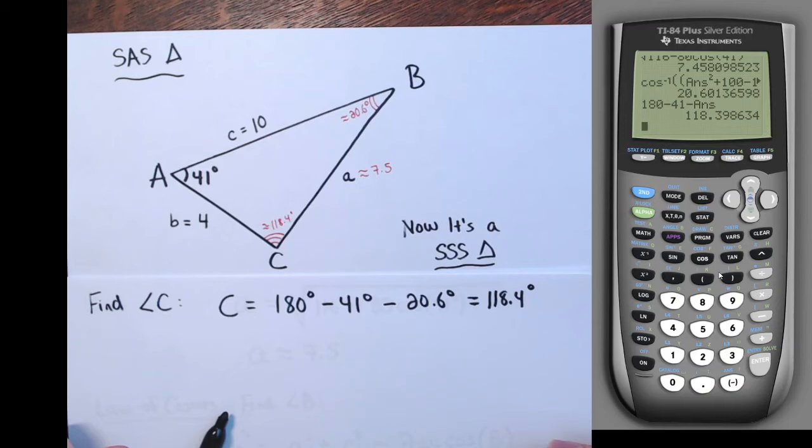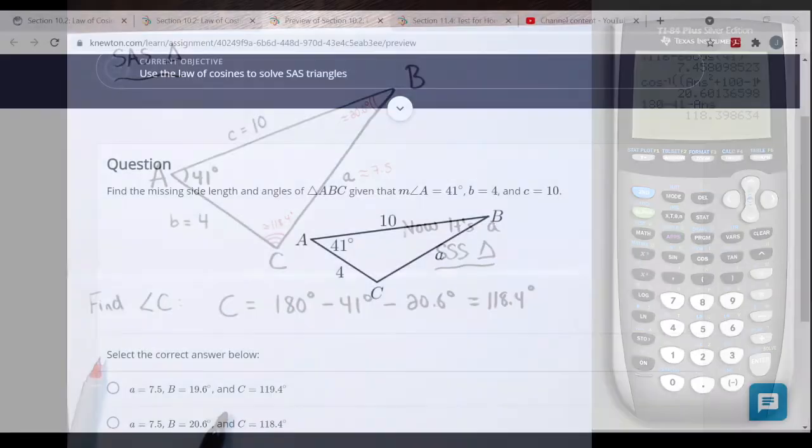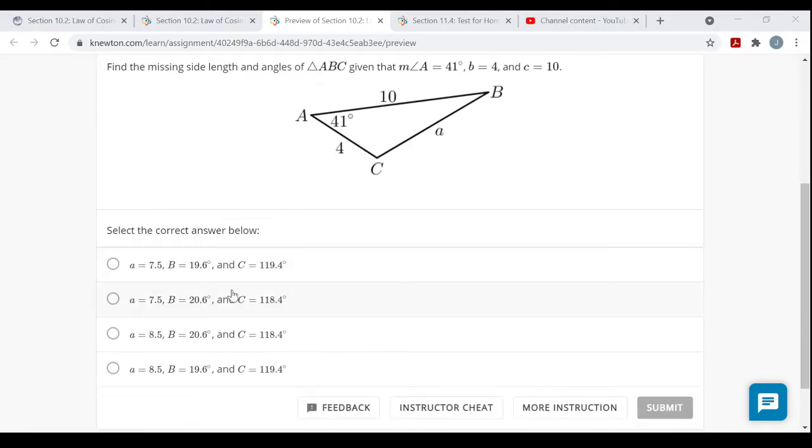All right, great. Now like I said, I'm going to go over that another way, a way I kind of actually prefer. But back here, A is 7.5, B was 20.6, and C was 118.4, so this option here.